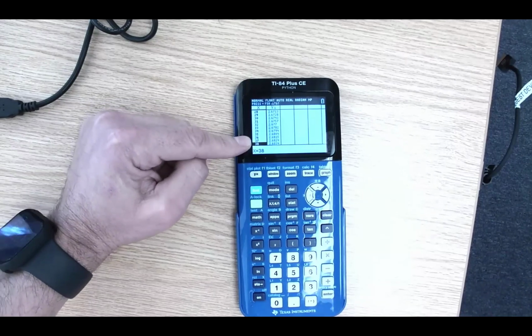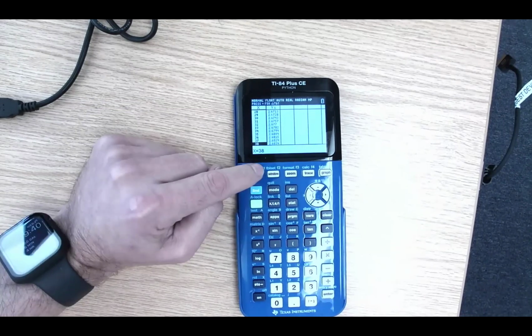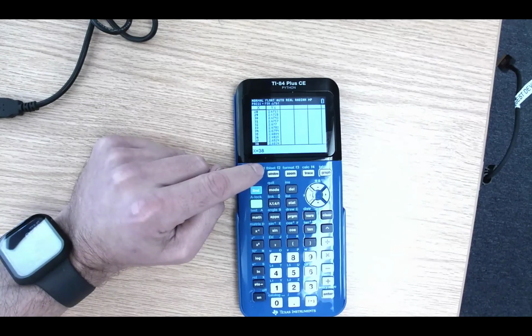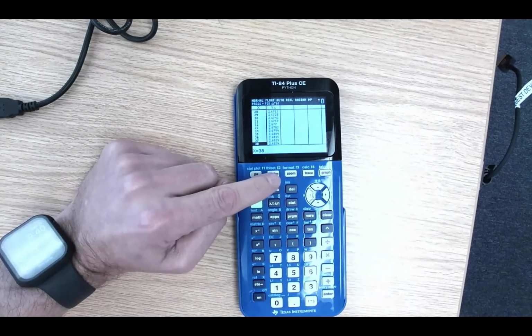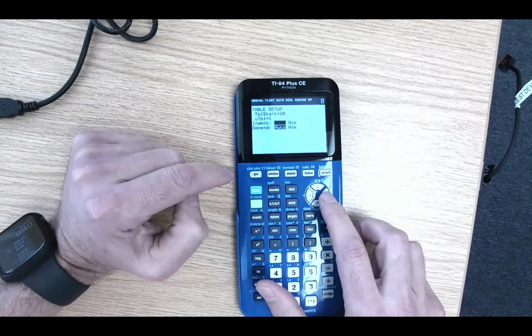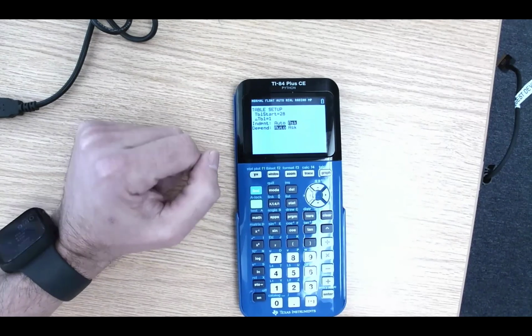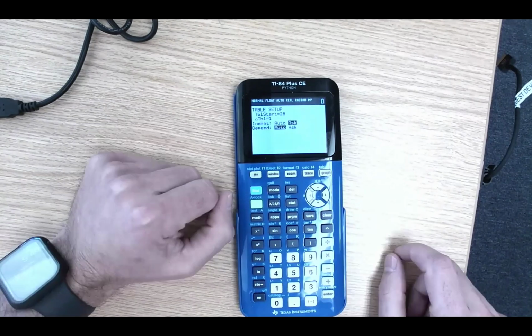So I'm going to change something here. See this function here above the window? Table set, and hit that. And instead of making the independent variable auto, I'm going to make it ask.